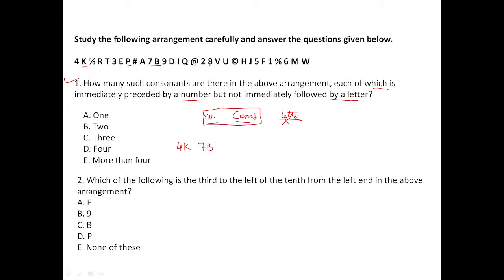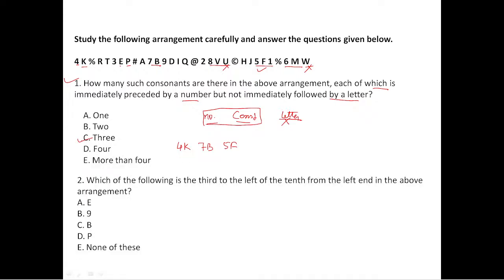Next one is 8VU, again a letter comes, not possible. Move to the next, 5F1. Yeah, very much satisfied, so 5F here. Moving to the next, 6MW, again a letter comes, not satisfied. So only 3 sets come here, right? Okay, only 3. So option C is the answer here.